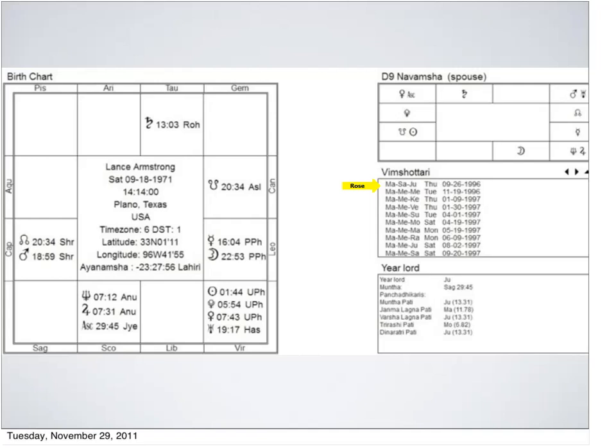A dasha is simply a timing. It's a timing of an event. And indeed, the whole chart is timing. But there is astonishing information in this symbolic language. And so you see, he was in the Mars Saturn Mahadasha when the illness came on, and Mars ruling the chart.